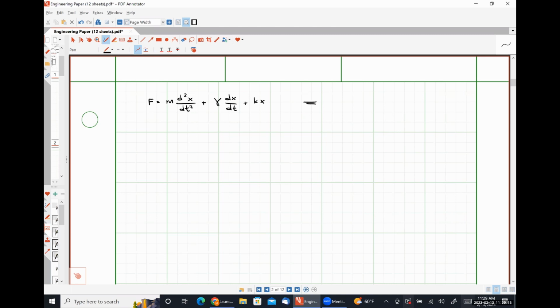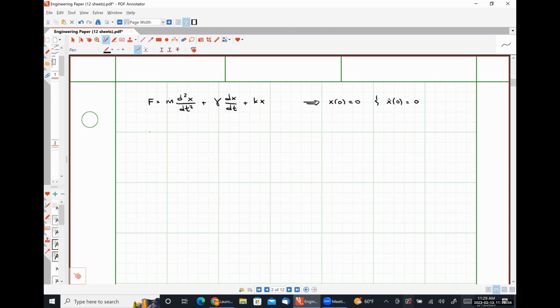So just as an aside over here, we are going to say that our initial displacement at t equal to 0 is 0, and our velocity at t equal to 0 is also 0. So we're starting from a rest position.